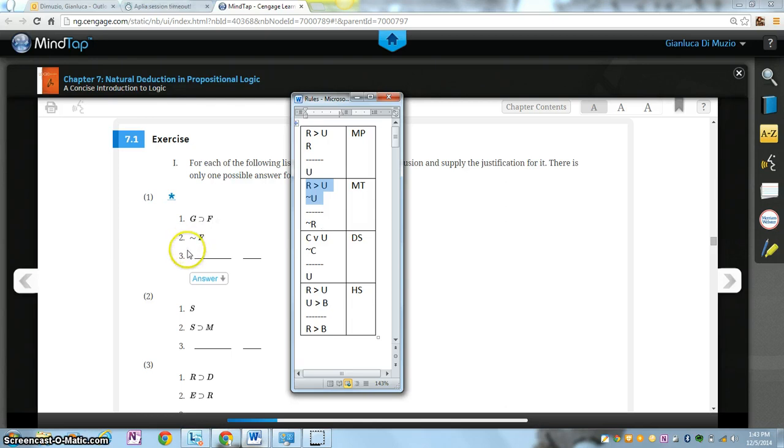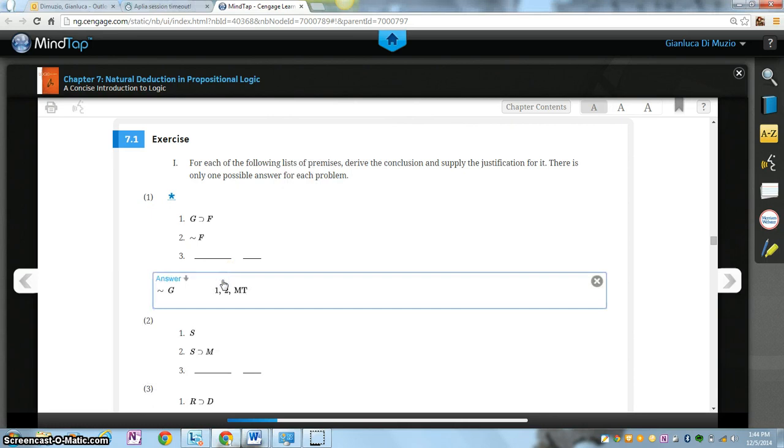So the way to complete this exercise is to say if G then F and not F entail not G by lines 1 and 2, modus tollens, MT. That is the rule that is used. So you'll see this in the answer, not G by 1 and 2 modus tollens.